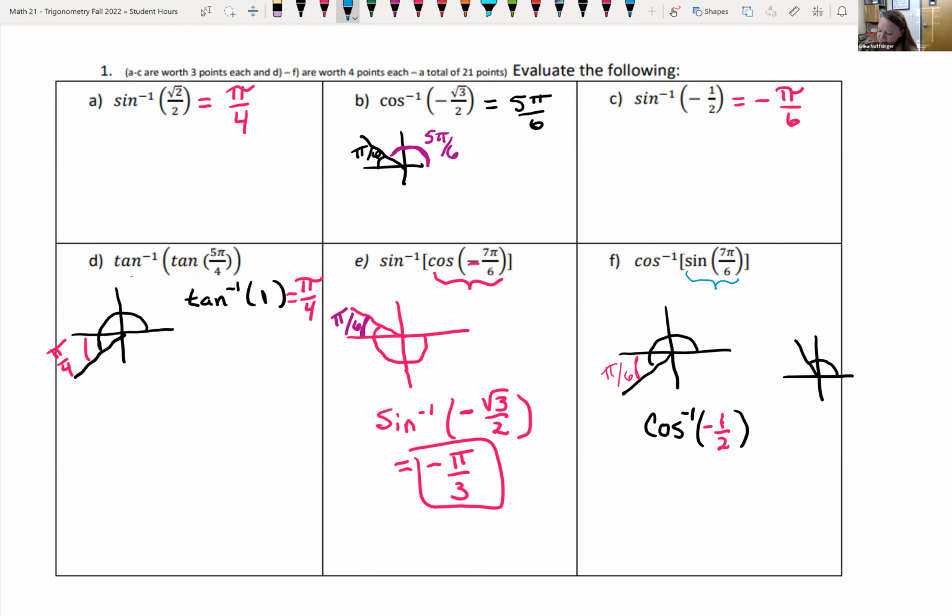My reference angle is pi thirds, 60 degrees, but the angle that gets me there is 2 pi thirds. So this is equal to 2 pi thirds.